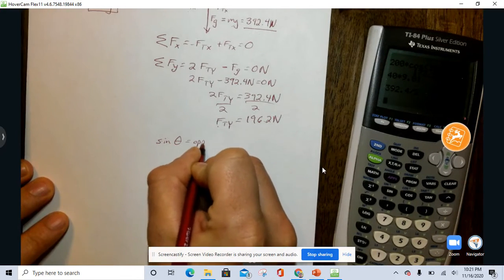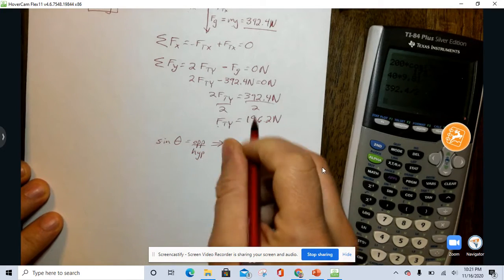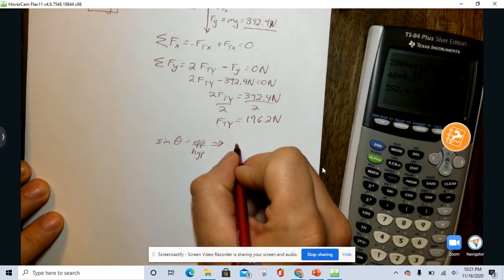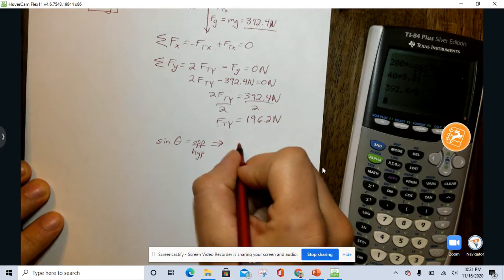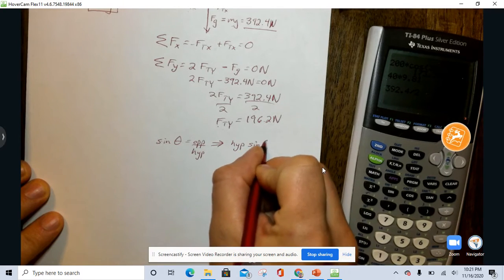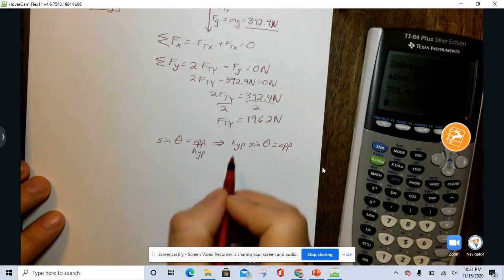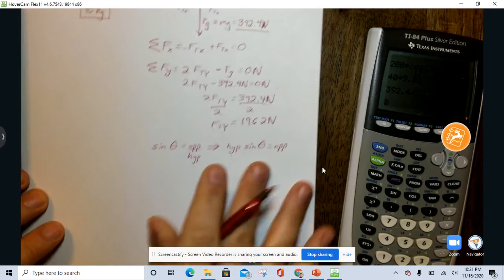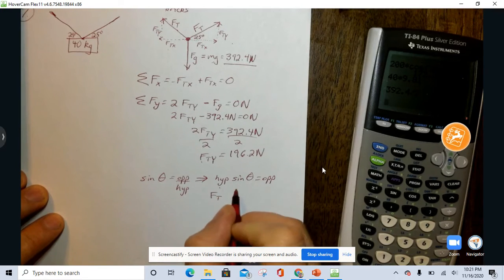Remember, sine is the opposite over the hypotenuse. If we multiply both sides by the hypotenuse, we get the hypotenuse times the sine of the angle equals the opposite side.